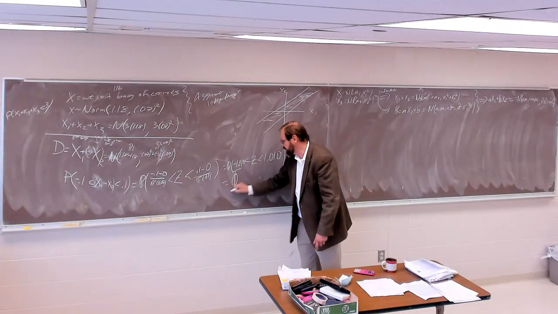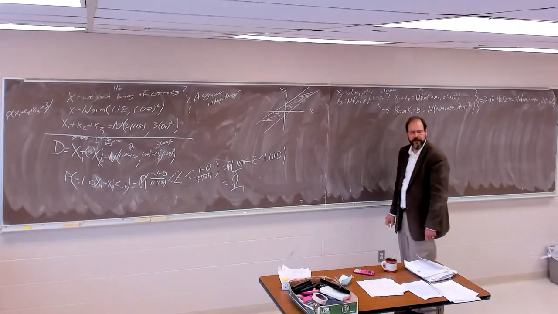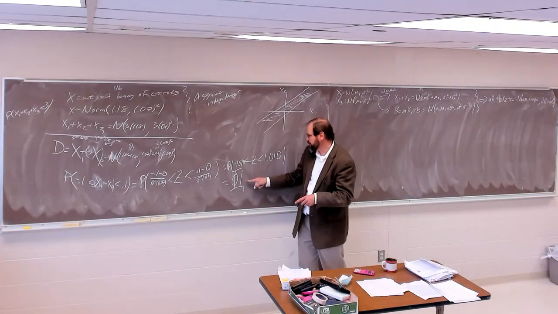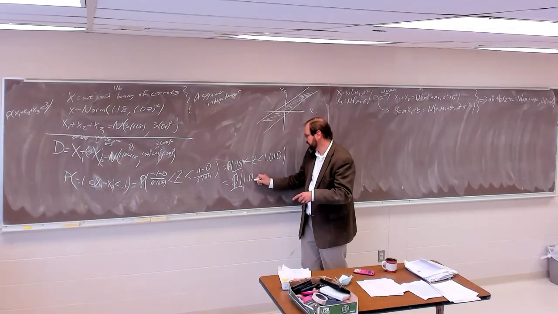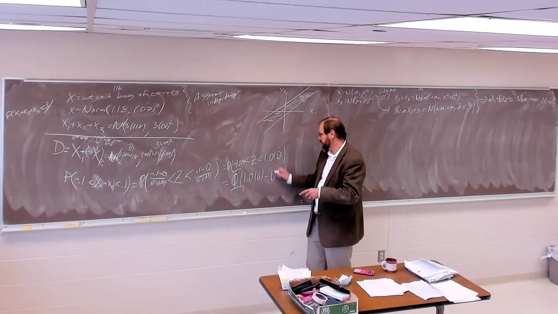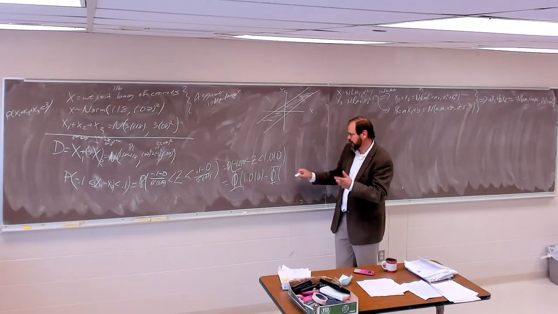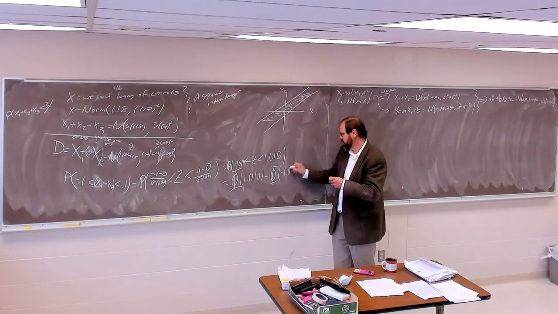Remember, this is sometimes used as the cumulative distribution function for the standard normal random variable Z. So I plug 1.01 into that, minus the other endpoint plugged into that cumulative distribution function.